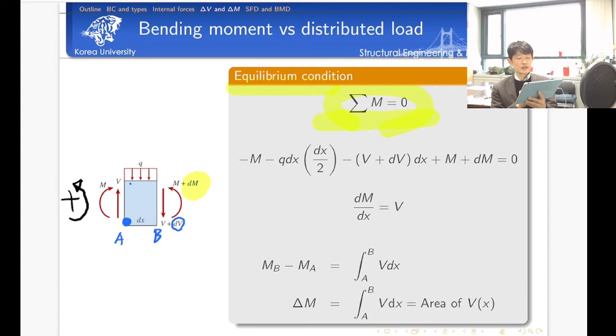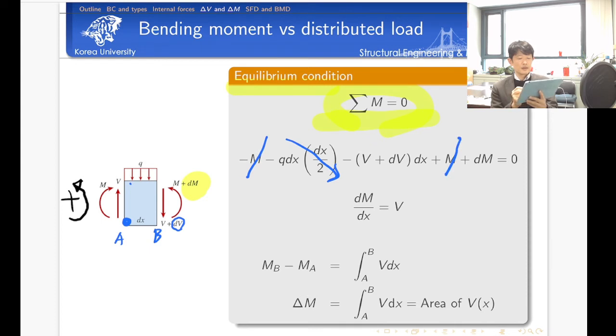So if dx is very small, then small times small is what? Very small, yeah? That's why we want to neglect this, and we want to neglect this. Also, because of sign, these two are cancelled.